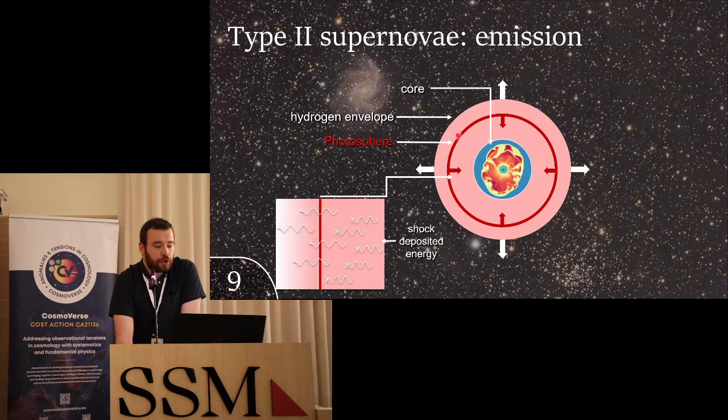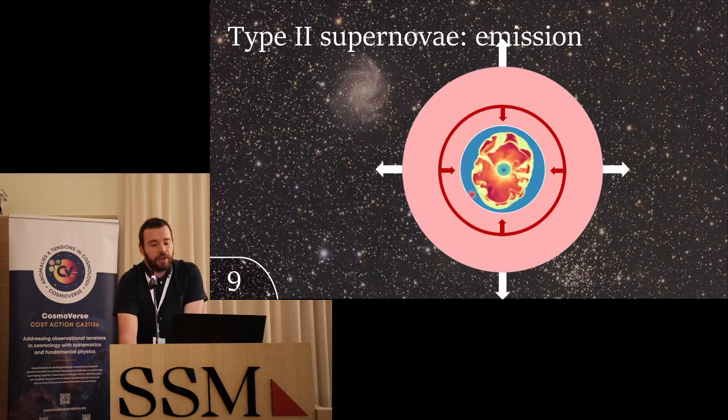You have a sharply defined region in this schematic picture within the ejecta of the hydrogen envelope of the supernova, which is called the photosphere. This is where the optical depth of the ejecta drops enough that you can finally see the photons that are inside the ejecta. They finally escape, and you can get them. In some approximations, this is what sets the spectrum of the supernova.